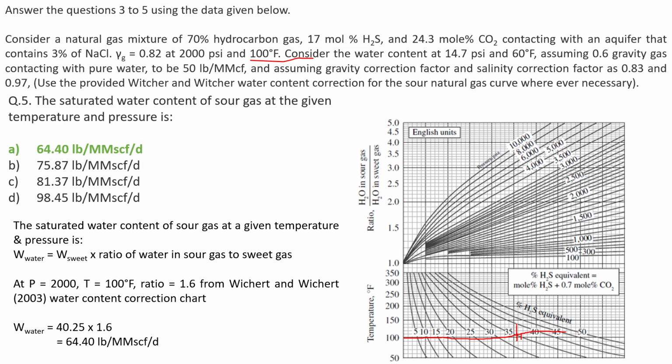So when we put a straight line from this point, now we need to reach the pressure. The pressure is 2000, so this is the curve for 2000 pressure. So the first thing was the temperature.